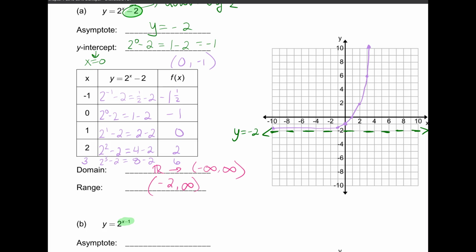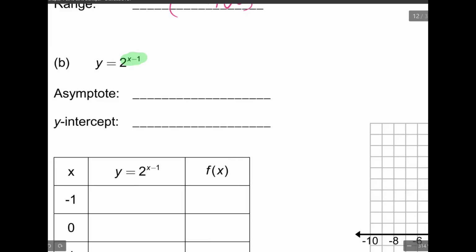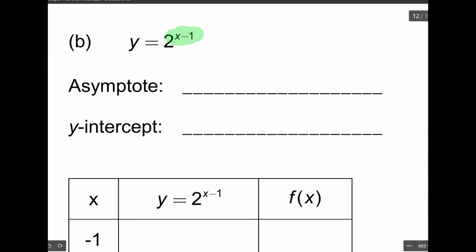Outside the exponent is vertical. Inside the exponent is going to be horizontal. So which way is this going to be going? Left or right? The horizontal is always the opposite of what we think. So it's going to be right.